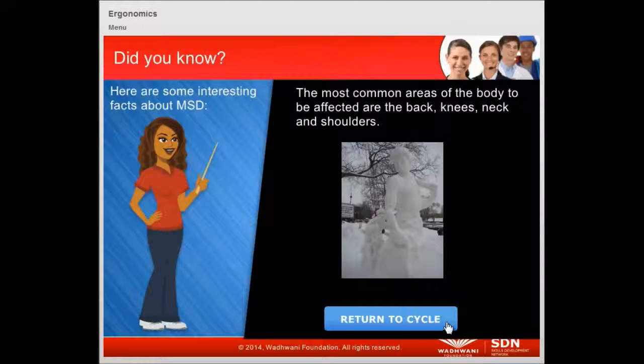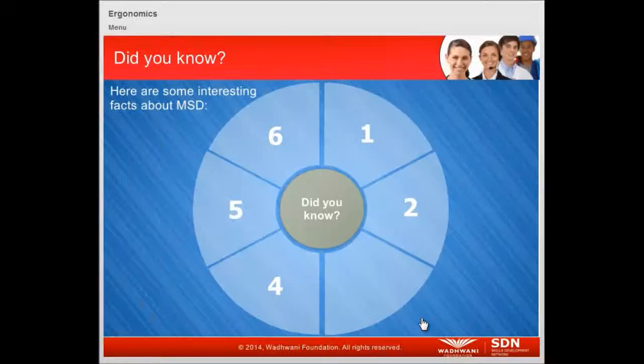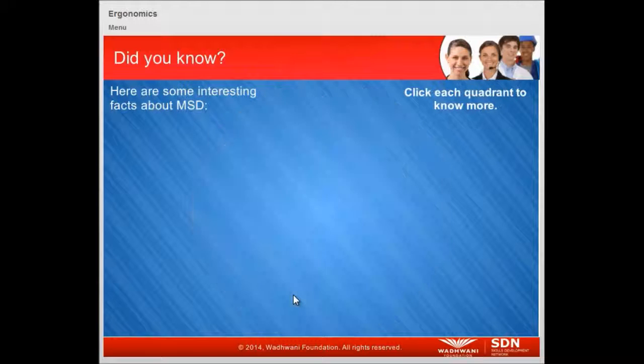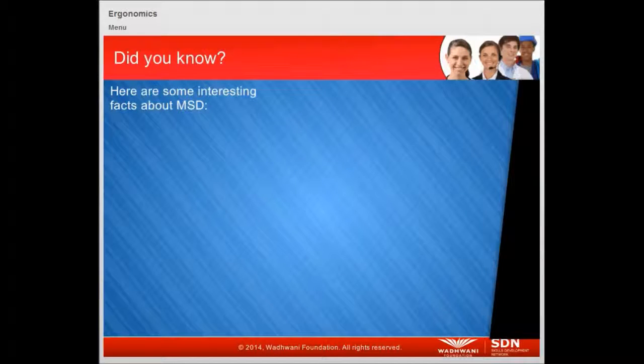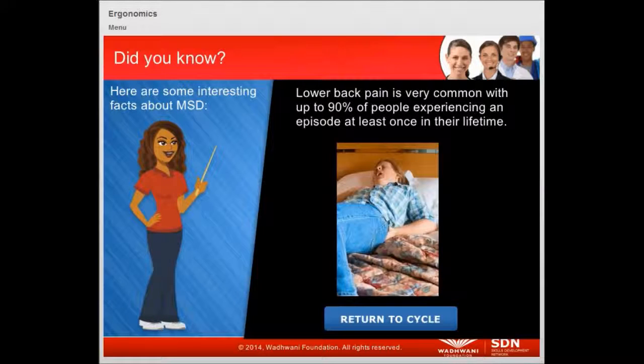The most common areas of the body to be affected are the back, knees, neck, and shoulders. Lower back pain is very common, with up to 90% of people experiencing an episode at least once in their lifetime.